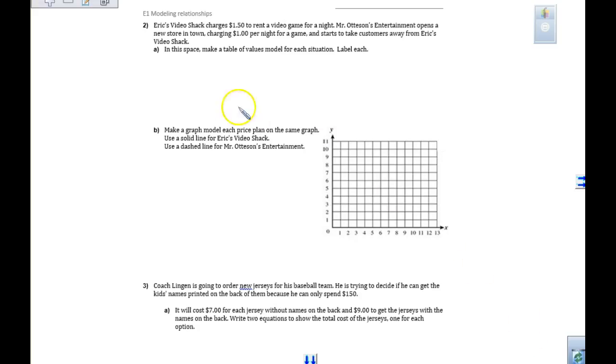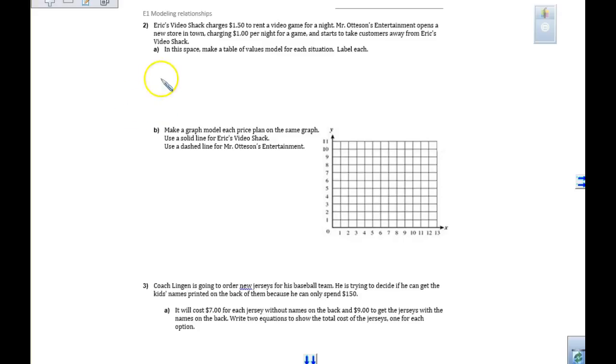On the back of this, question 2, please turn and look at this right now. In question number 2, it says, okay, we're looking at these 2 companies renting out videos, and it says make a table for each.